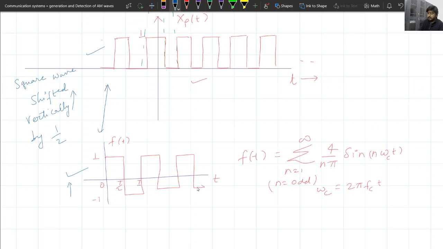Just shifted vertically. If this is 1 by 2, then its amplitude will be 1 by 2 only, right?